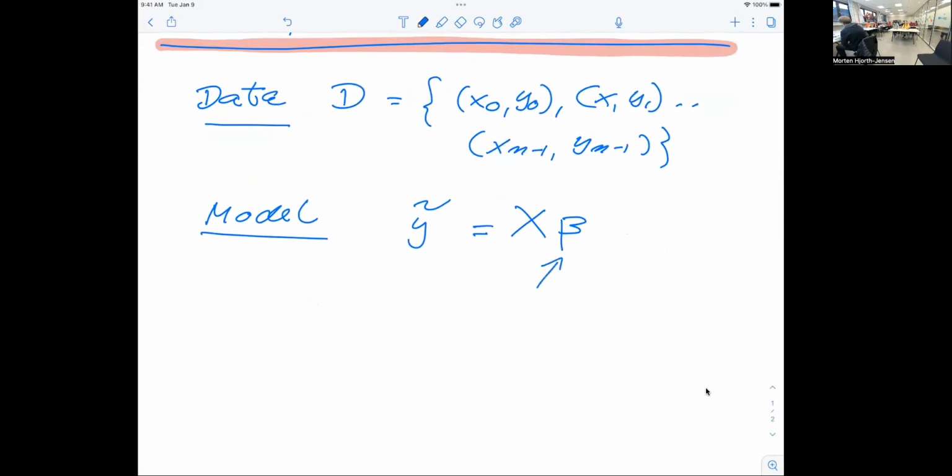We call this linear regression because the function which we are picking is linear in the unknown parameters beta. It's as simple as that. So these are the model parameters. Now, this quantity here is something which we call the design matrix or the feature matrix.